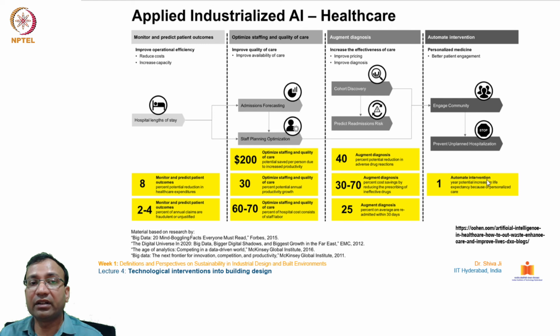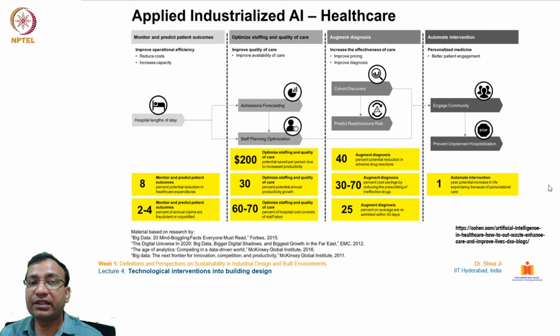Finally, on the automated intervention, the column over here, we can see a 1 year potential increase in life expectancy because of personalized care. So this is one of the huge achievements which the medical fraternity can give to humanity right now, an increased life potential.